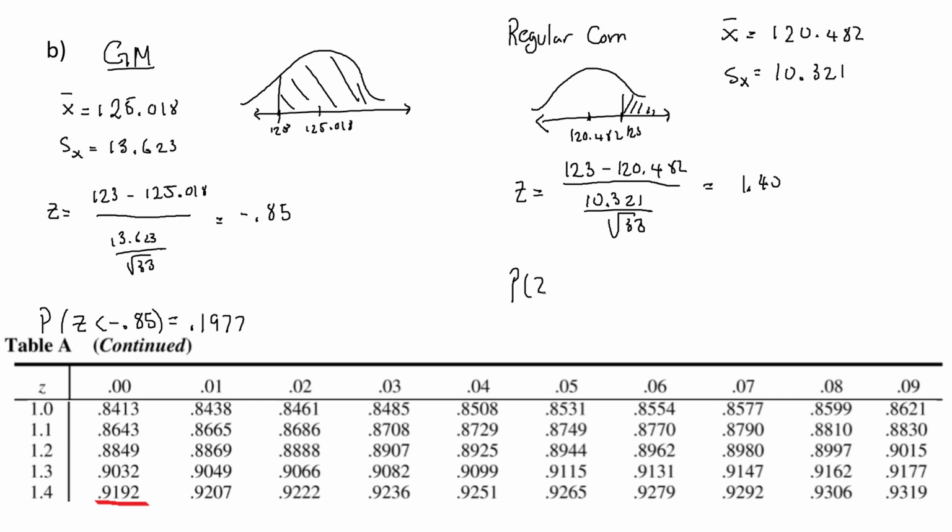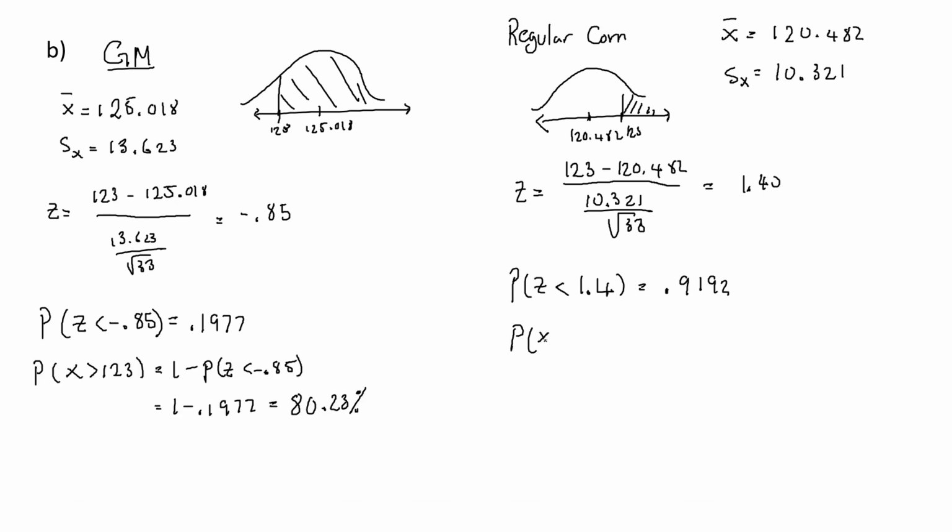Once again, looking at the table, we can see that a z-score less than 1.4 will have a probability of 0.9192. So the probability of x greater than 123 will be 1 minus the probability of a z-score less than 1.4, which is 1 minus 0.9192, which is approximately 8.08% of the time.